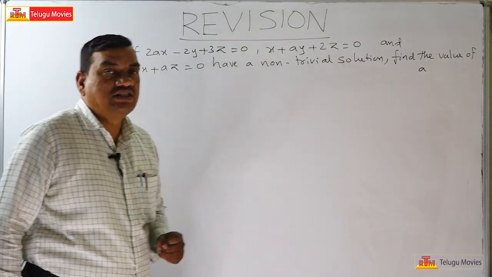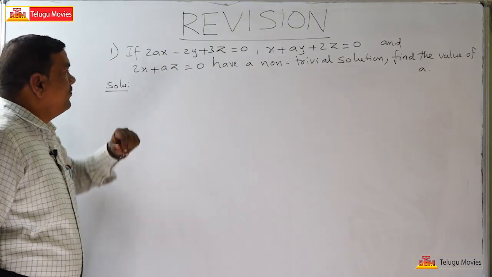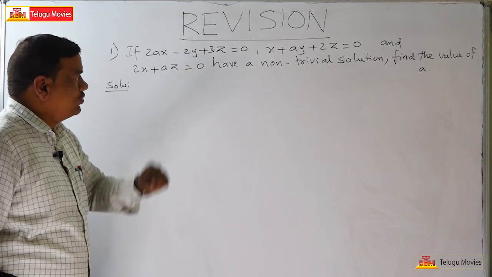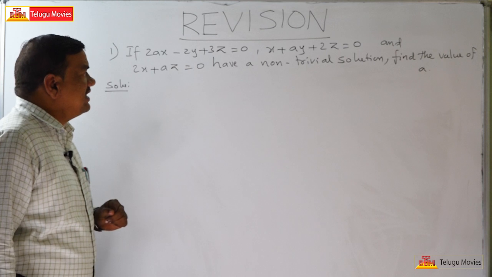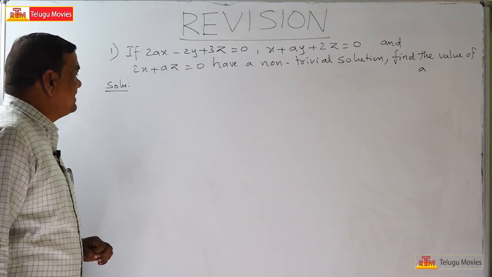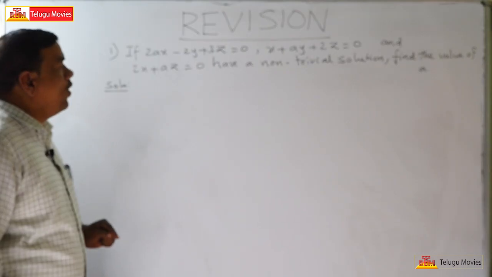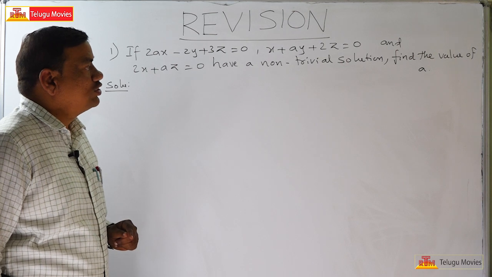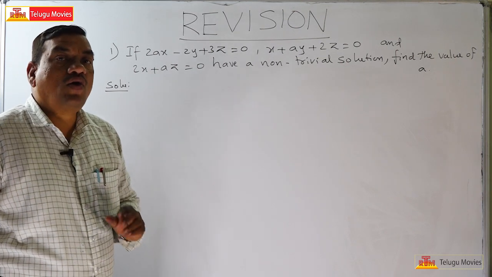Today's first problem is: if 2ax minus 2y plus 3z is equal to 0, x plus ay plus 2z is equal to 0, and 2x plus az is equal to 0 have a non-trivial solution, find the value of a.